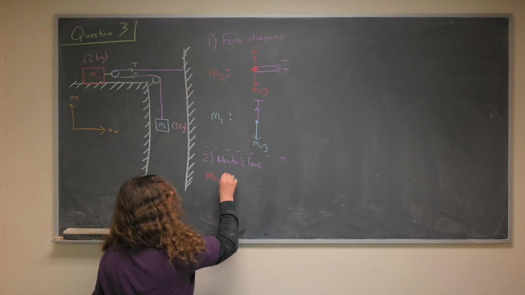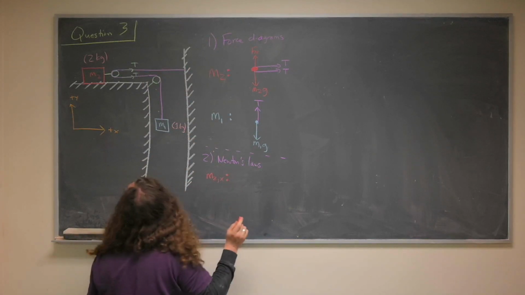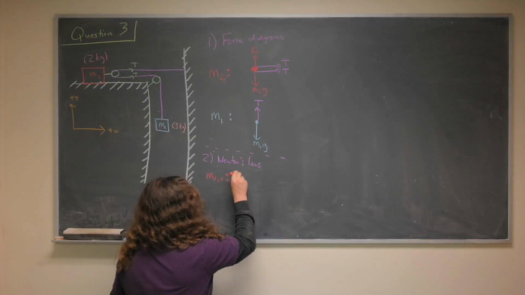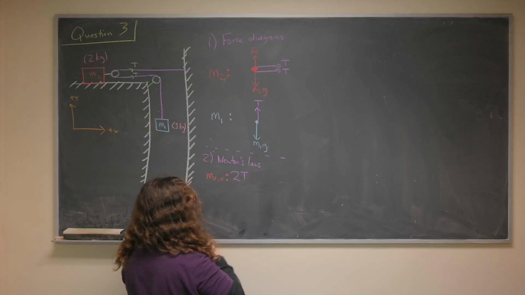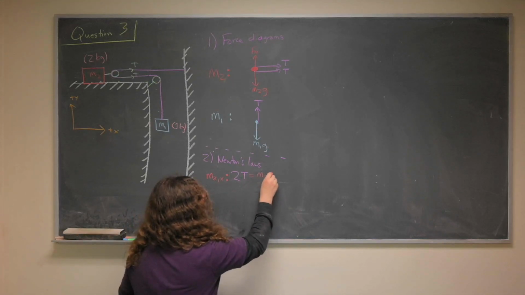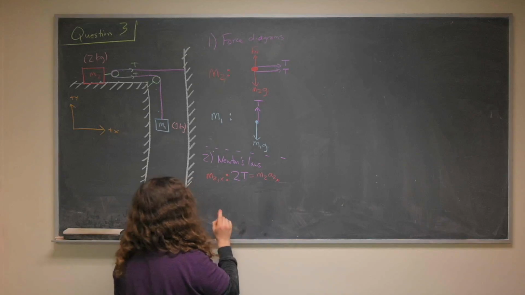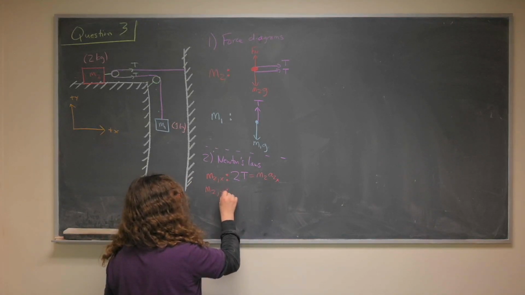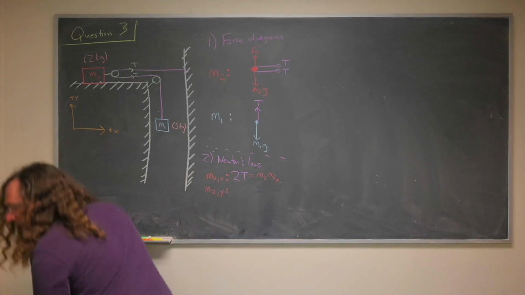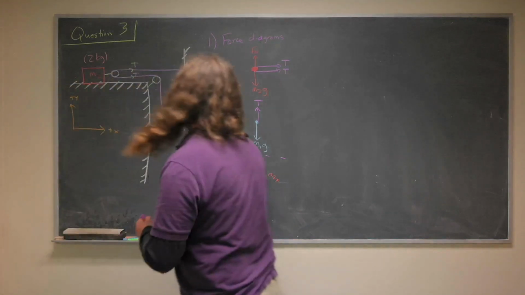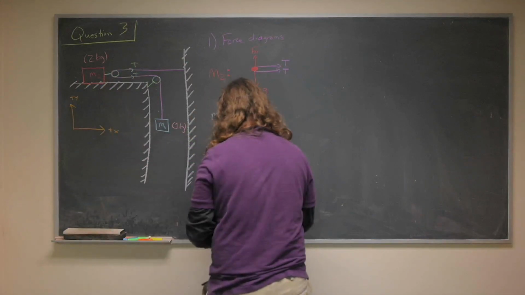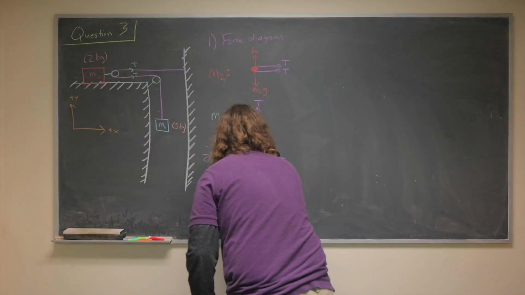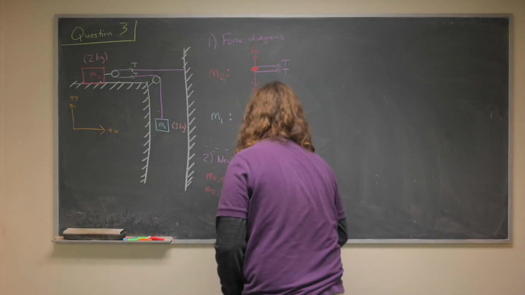So M2 in the x direction, I've got 2T equals M2 A2x. M2 in the y direction, well, let's stop and think for a minute. Nothing really interesting happens in the y direction. I'm just going to find that the normal force is equal to its weight. So this is boring.